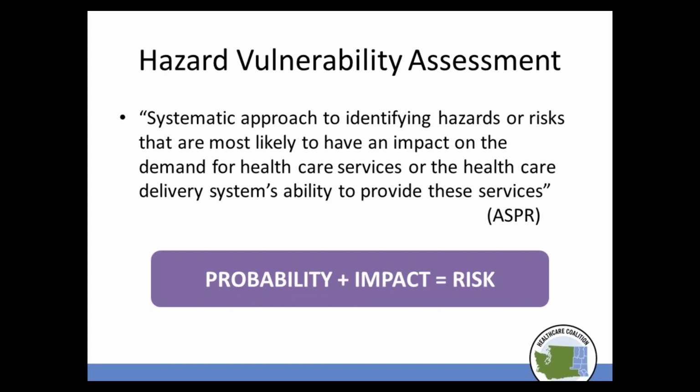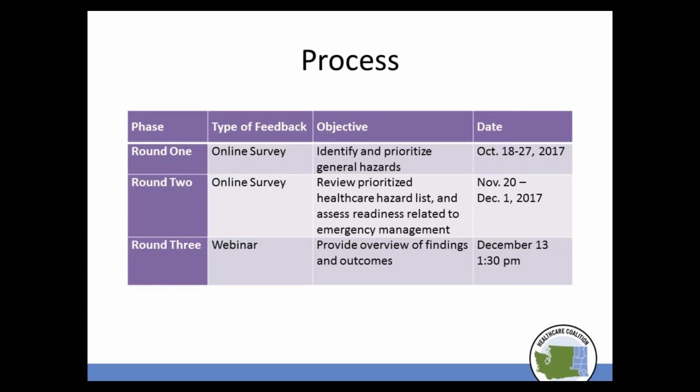Note that participation has been voluntary in this process. So it's by no means completely scientific, but again, I think it's a really good data point that we can reference moving forward over the next 5 years, looking at hazards regionally.